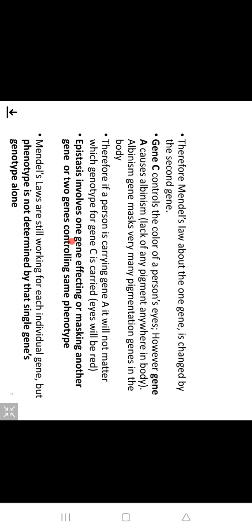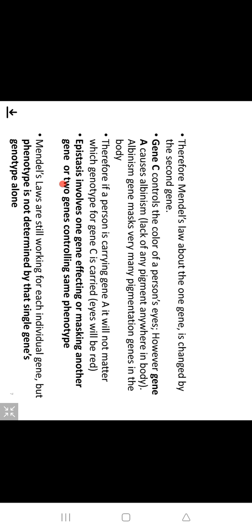Then epistasis involves one gene affecting, this is now just a further definition of epistasis. Epistasis involves one gene affecting or masking another gene, or two genes controlling the same phenotype. So you can use the first definition, one gene affecting or masking another gene, or you can say two genes which actually act together to control a particular phenotype. In other words, two genes complementing each other.